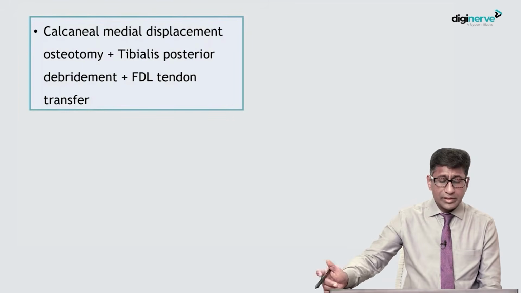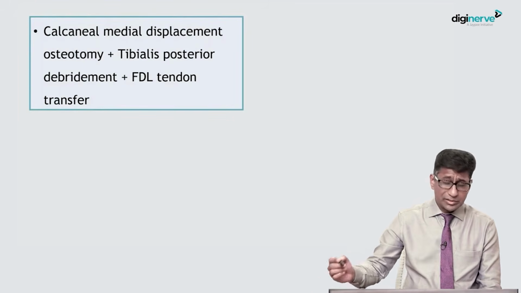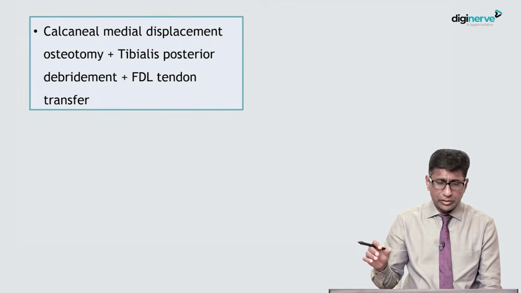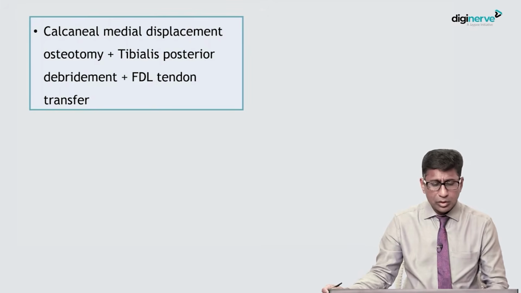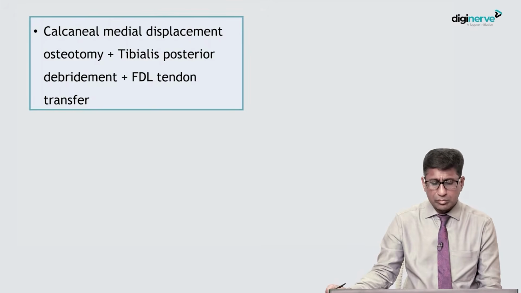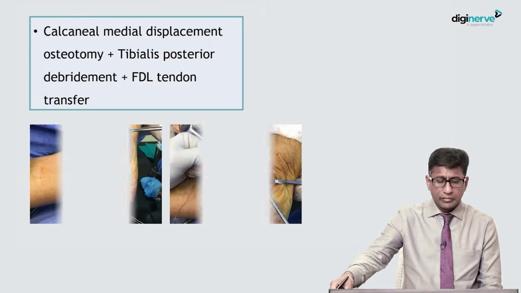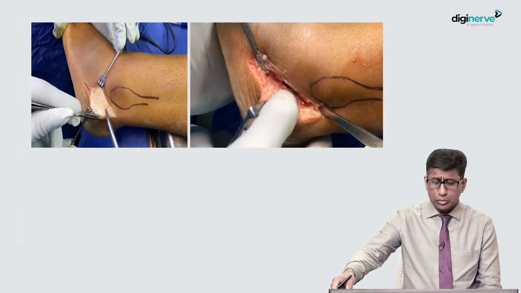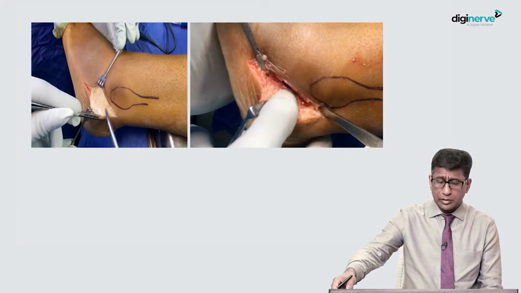Whenever there is a type 2A, with less than 30% talonavicular coverage loss and a heel valgus deformity, we can do a calcaneal medial displacement osteotomy and also an FDL tendon transfer. So in this case, we did the FDL transfer like the previous case, and also the medial displacement calcaneal osteotomy.